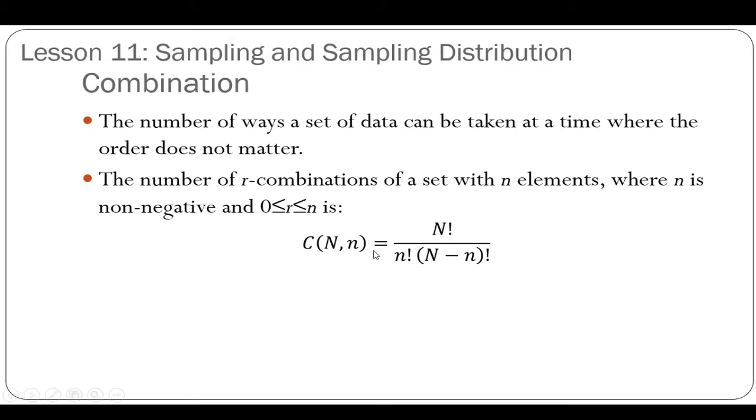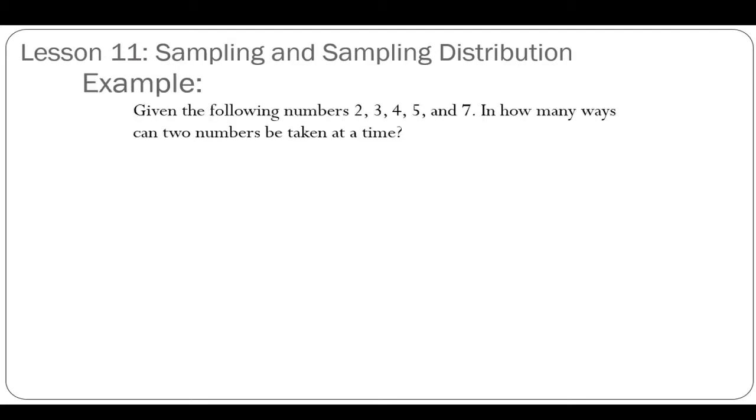Yung iba, natutunan na sa inyo to before, pwede rin kayong gumamit ng calculator para dito. Pero kung gusto niyo manually, ito yung kanyang formula: n factorial over r factorial multiplied by n minus r factorial.